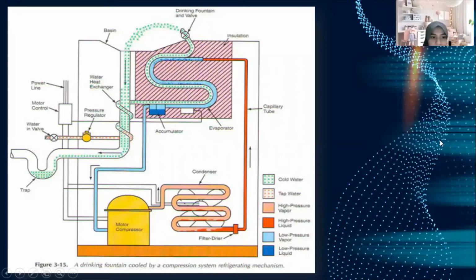Here is a figure of a drinking fountain cooled by a compression system. Now I will explain the flow. First, liquid refrigerant flows from the bottom of the condenser into the liquid line.